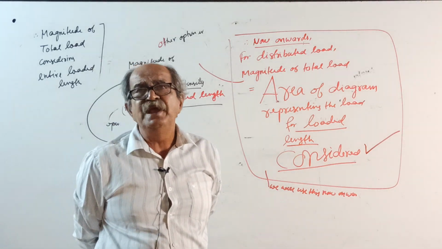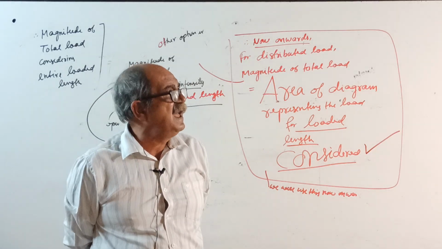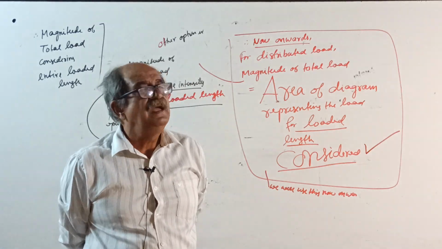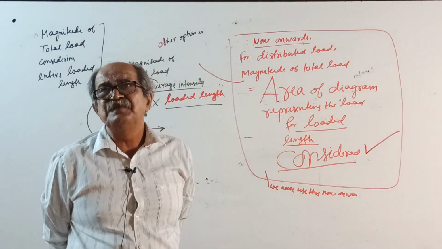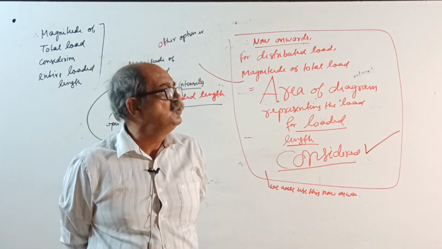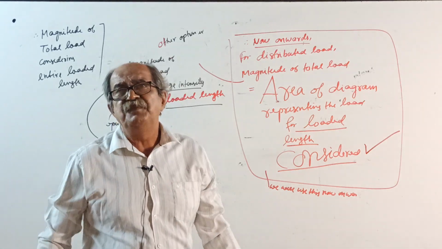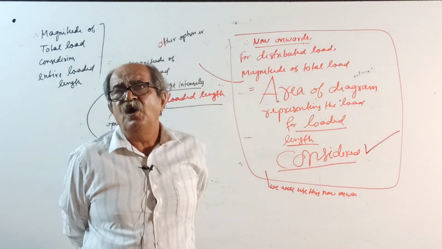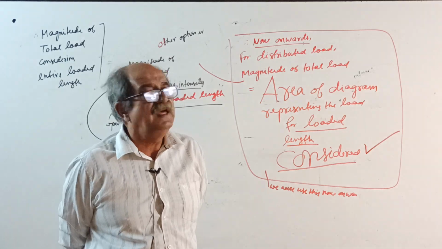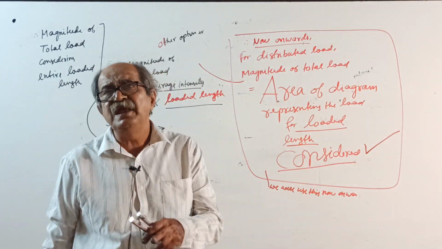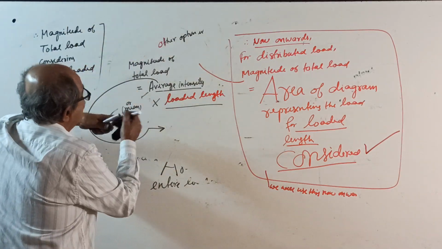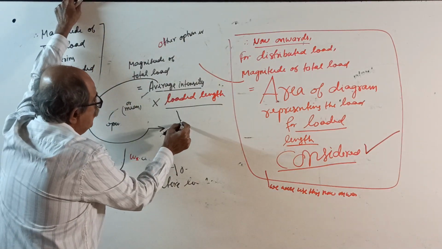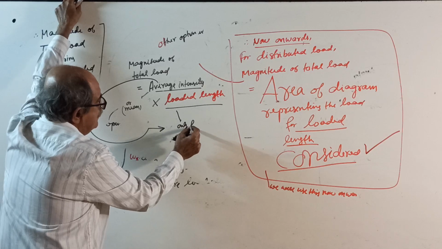If it is UVL, represented by a triangle or trapezium, average is the linear average: maximum plus minimum divided by 2. But if it is a parabolic variation or other trigonometric variation, then you have to get the average by the integration principle. Remember, but we will use this only for UDL.